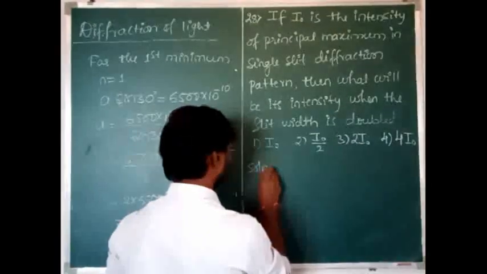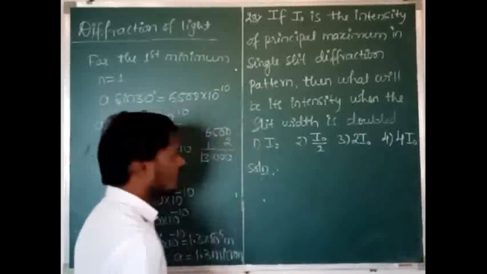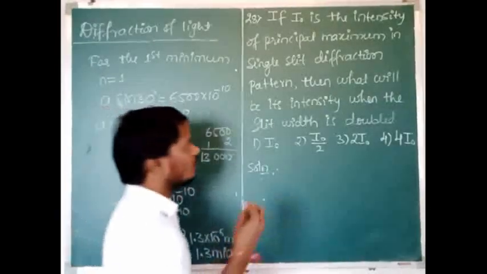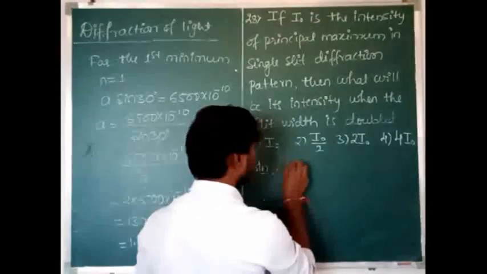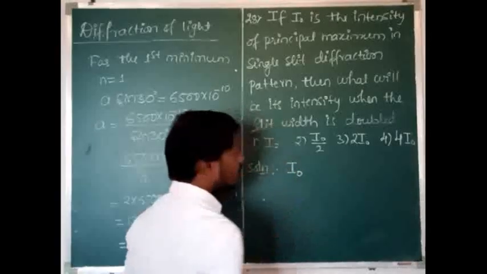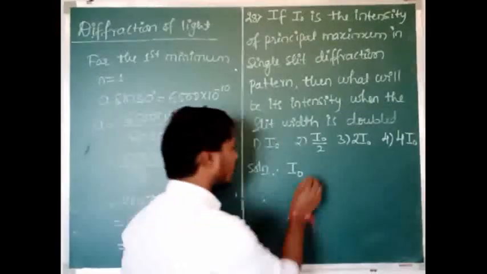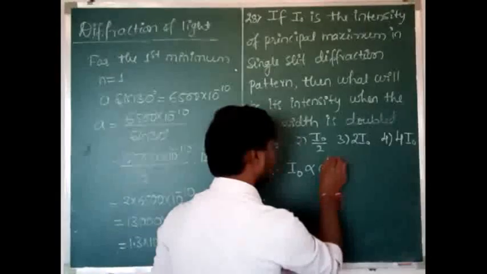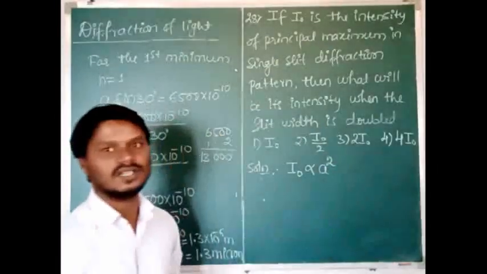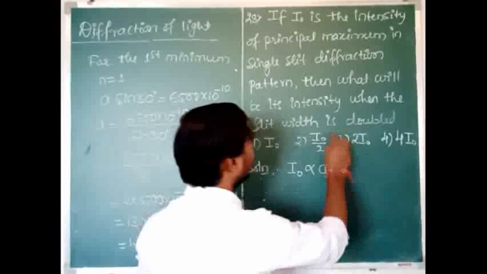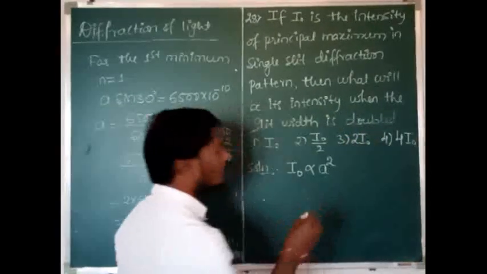Solution. The intensity of the principal maximum is directly proportional to the slit width square, that is a square. Then when the slit width is doubled, what about its intensity?